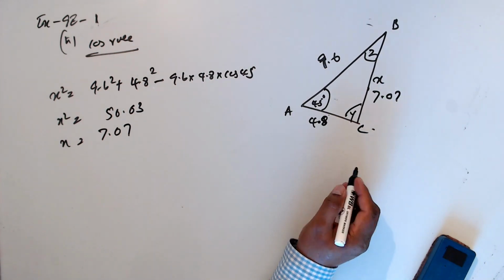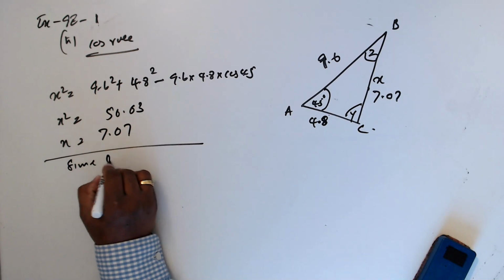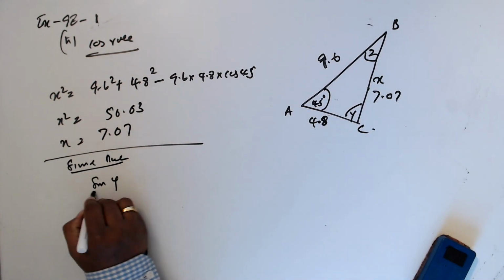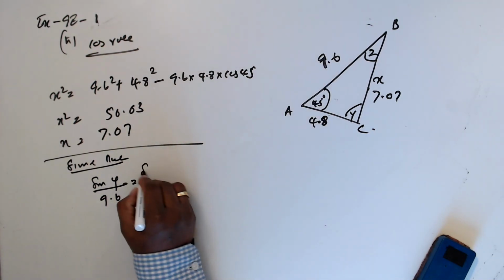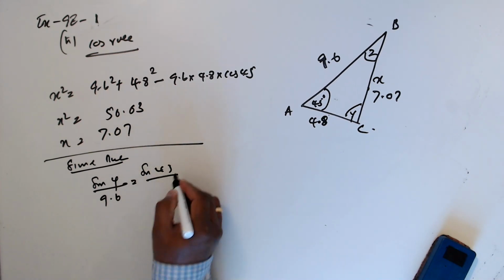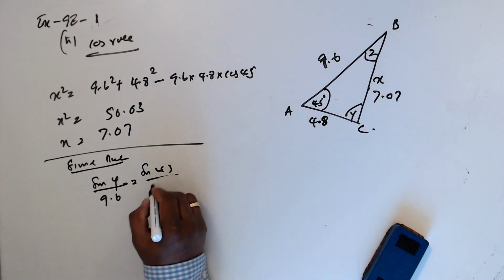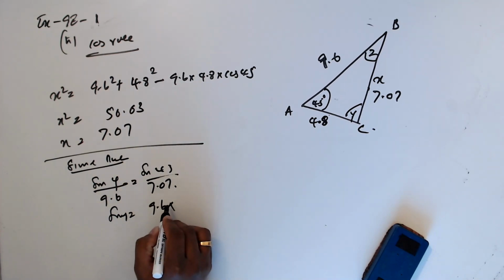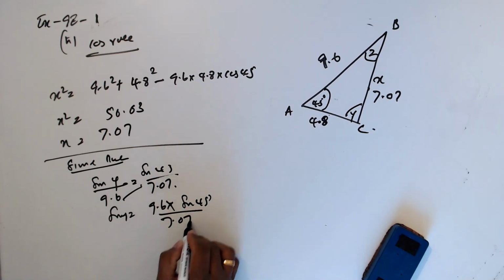7.07 is x. Now from the sine rule I can find y. Sine y over 9.6 equals sine 45 over x, which is 7.07. Then sine y equals 9.6 times sine 45 over 7.07.